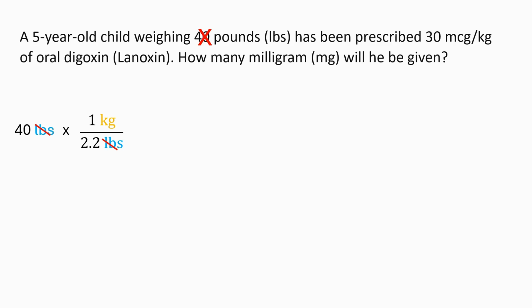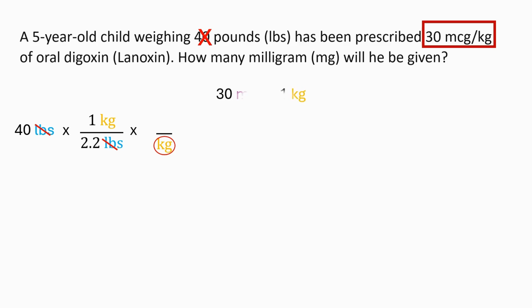Next, we need to continue. So we say times, right? We have kilogram on the top or numerator, so we need to have kilograms in the denominator as well. Why? So we can cancel it out. We look in the question, we see we have 30 microgram per kilogram.